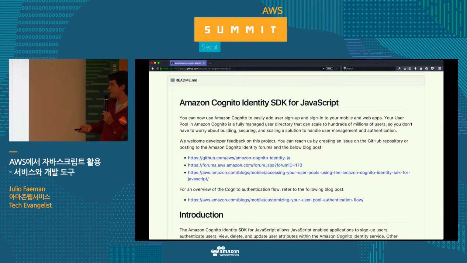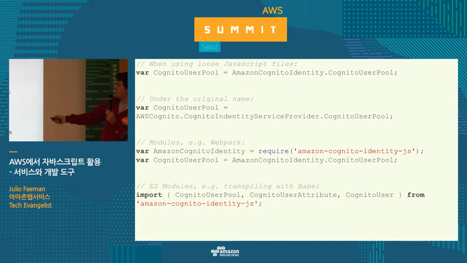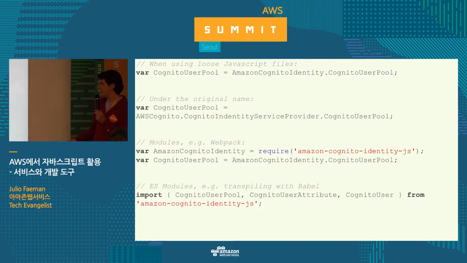They integrate very well. When you use this SDK for Cognito, you can instantiate your objects using regular JavaScript files, or use modules such as Webpack, or transpile with Babel if you're using Babel or React or something like this.